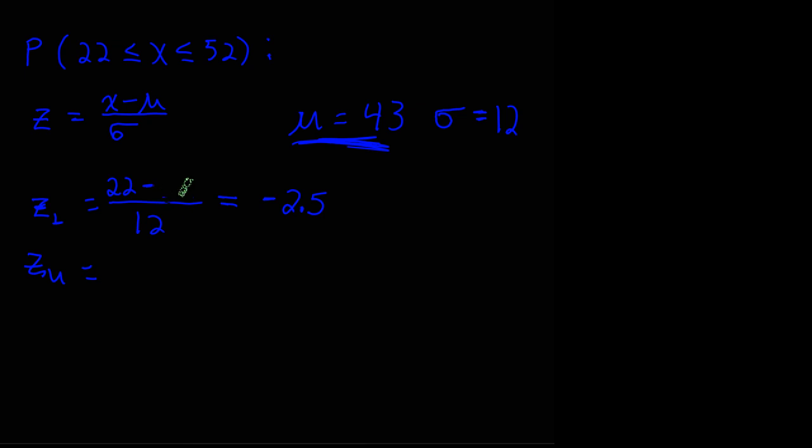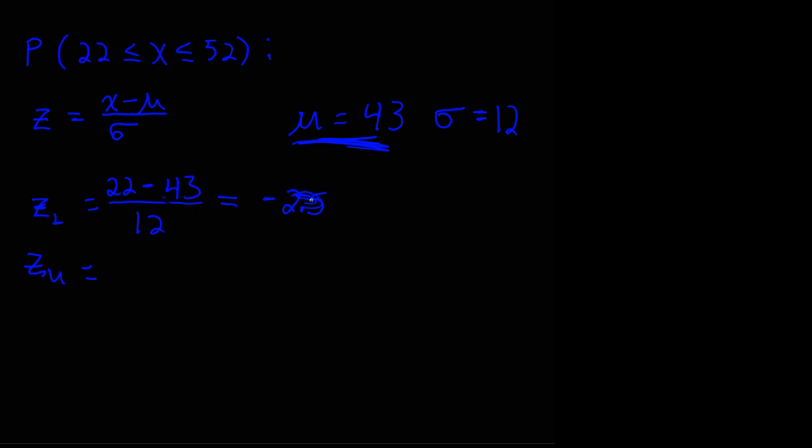Always look at my formula again. I want 22 minus 52. No, not 52, 43. So my lower is 22 and my mu is 43, and I think Aisha is where I should have been the whole time. 22 minus 43 is negative 21, divided by 12, negative 1.75.